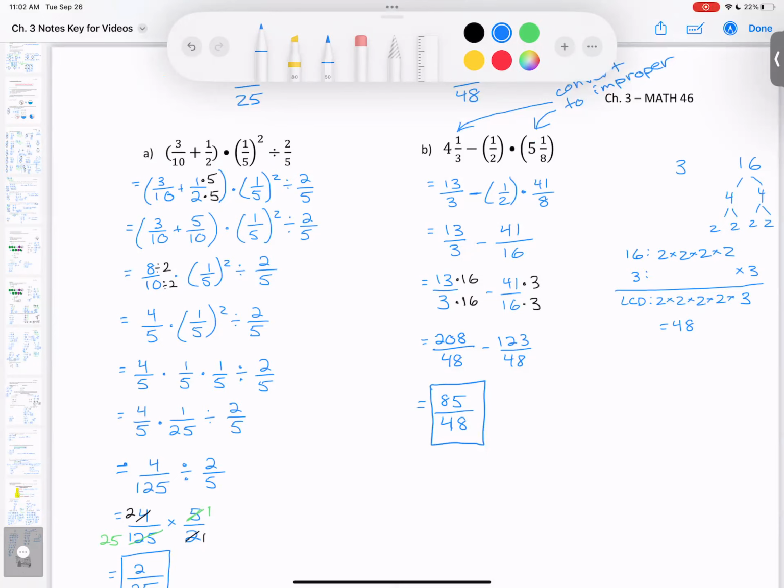It's an improper fraction, so if you wanted to convert it to a mixed number, you could. Let's do that. So if we have 85 divided by 48, that's going to go 1 time. We'll have to do some borrowing here. So we end up with 37 left over. So our mixed number here then would be 1 and 37 over 48. So either answer would be fine.